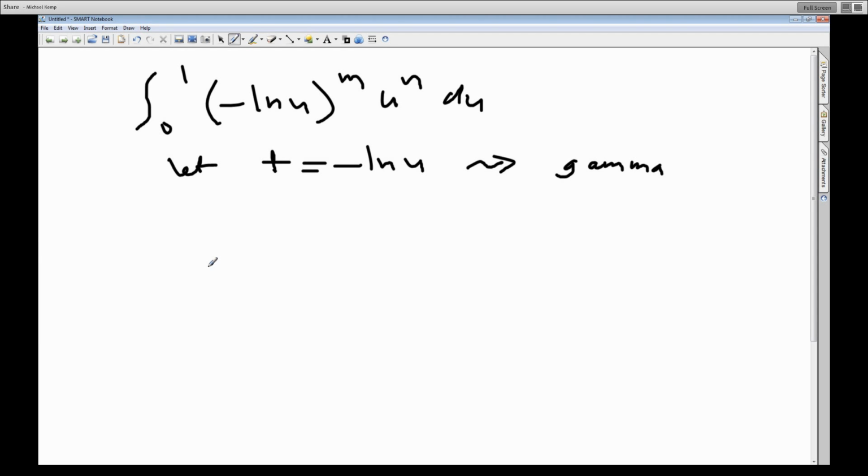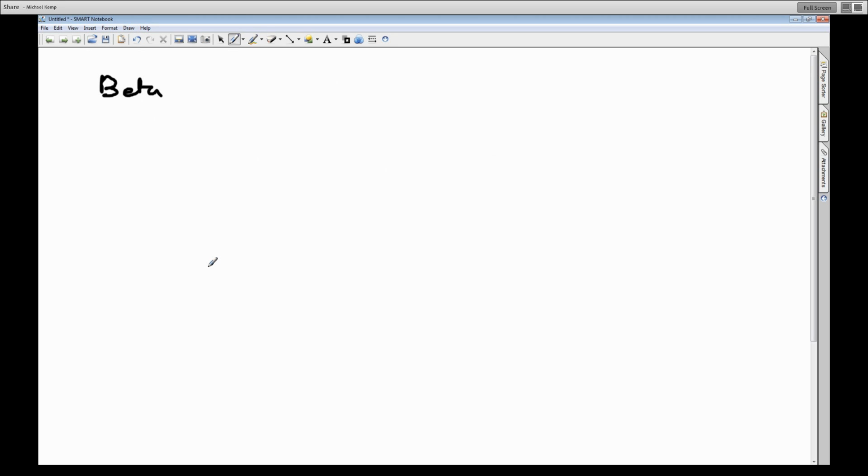So as I said, the gamma function really is just an extension of factorials. And so really what we want to do is define beta functions as extensions to combinations.